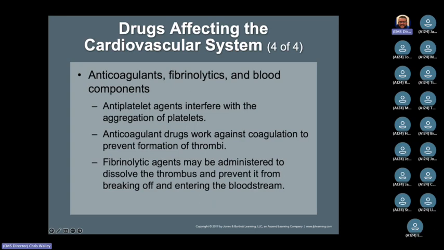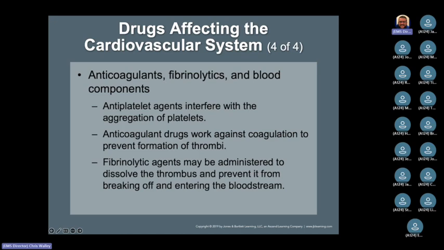They interfere with the collection of platelets in the area, but they do not break down aggregated platelets. It helps prevent further buildup within these blood vessels. I know this is bad terminology, but it's like taking Drano and pouring it down your sink or your toilet. That's what these medicines do. It's helping clear out the pipes within our body.